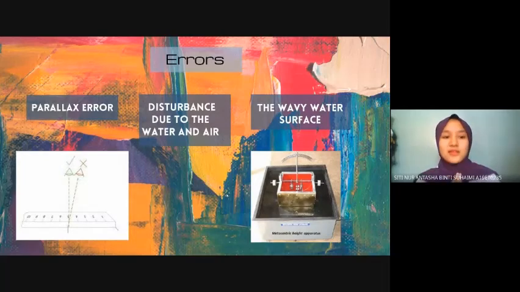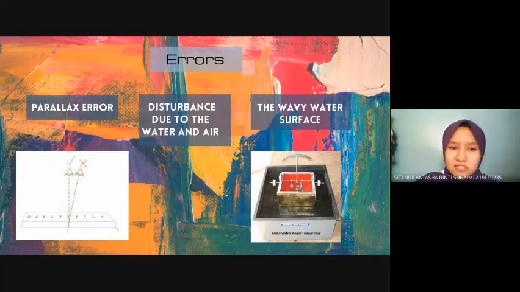The second one is the disturbance due to the water and air, which can also affect the measurement. So to obtain a more accurate result, we have to conduct the experiment in an ideal condition. Lastly, the wavy water surface also increased the difficulty in obtaining the reading. Okay, so next.